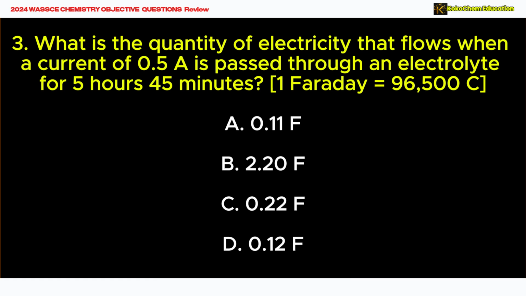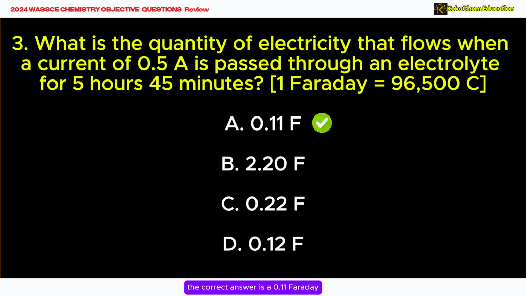A. 0.11 Faraday, B. 2.20 Faraday, C. 0.22 Faraday, D. 0.12 Faraday. The correct answer is A.